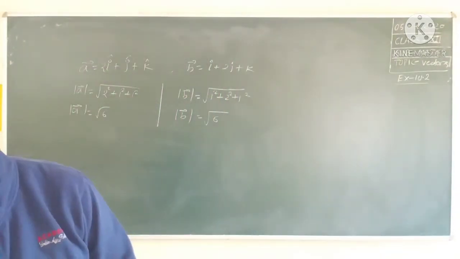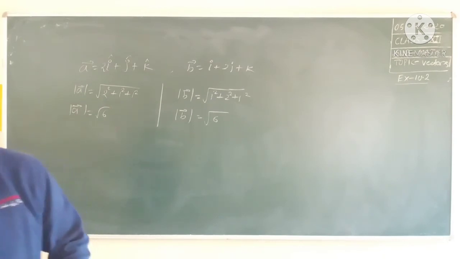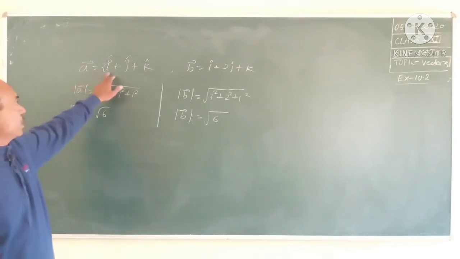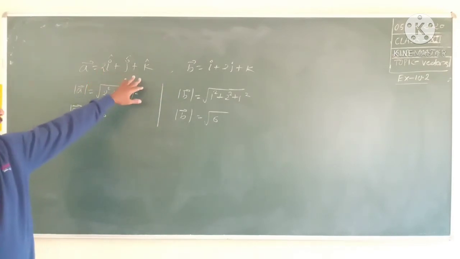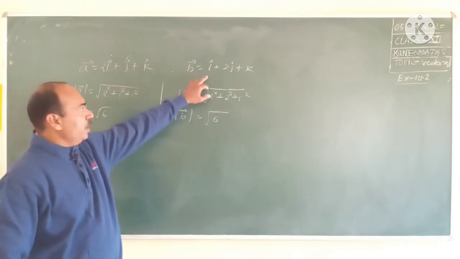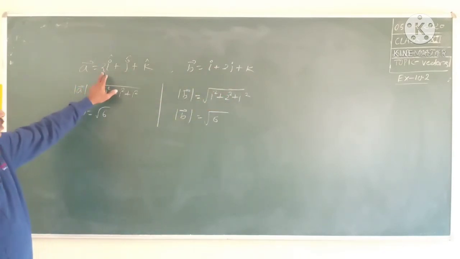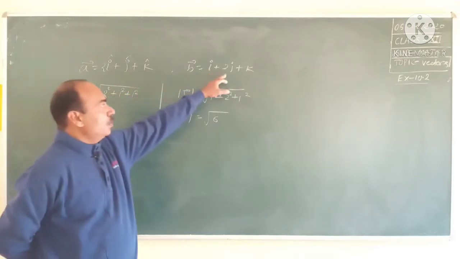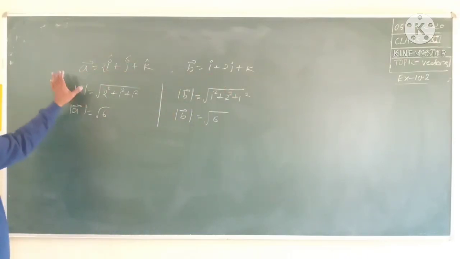Now question number 2, write two different vectors having the same magnitude. Let's see, two different vectors, this is vector A and suppose that is vector B. Vector A is 2i plus j plus k, and one more vector B which is i plus 2j plus k. Here the coefficients are 2, 1, 1, and on that side 1, 2, 1. So their magnitude will be the same. Magnitude means mod value.